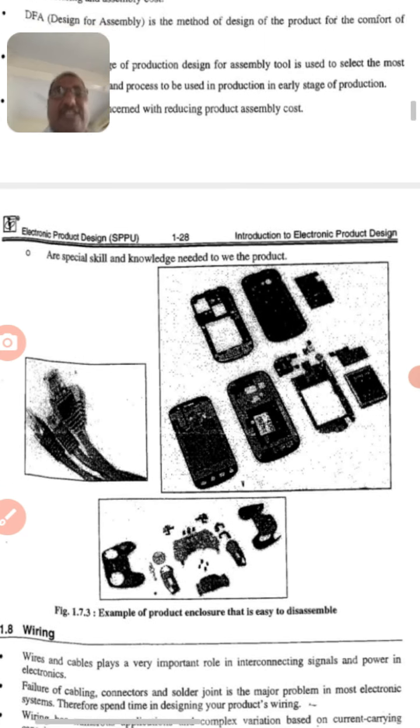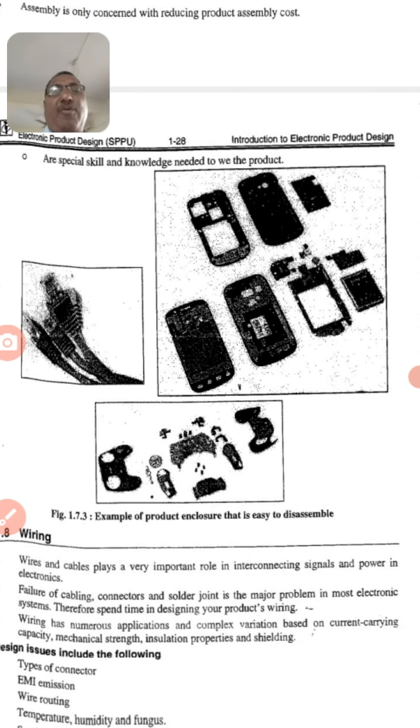If your product is, suppose, a mobile handset, there are different parts in the mobile handset. While designing this mobile handset, it should have less weight, it should have fewer components in it, then packing should be proper so that assembly will be easy.